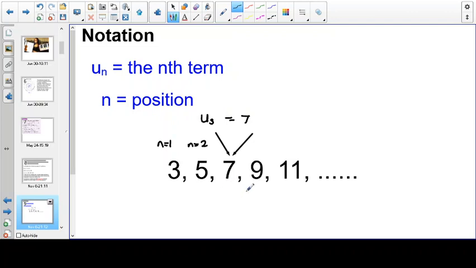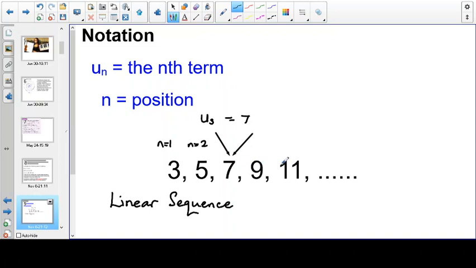Now you will know from your school days that this is called a linear sequence. We know it's linear because it's going up by 2 each time.